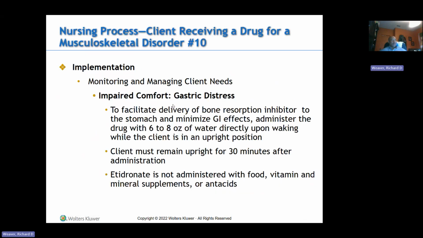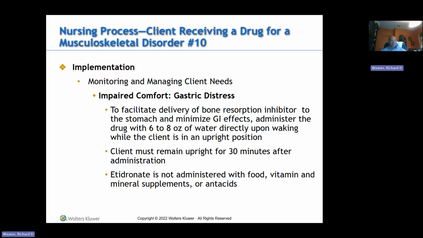Here, as far as impaired comfort, patients who experience gastric distress, to facilitate the delivery of the bone resorption inhibitors to the stomach and minimize GI effects, administer the drugs with about 6 to 8 ounces of water directly upon waking, while the client is in an upright position. Being upright can help facilitate movement of that drug throughout the GI system.